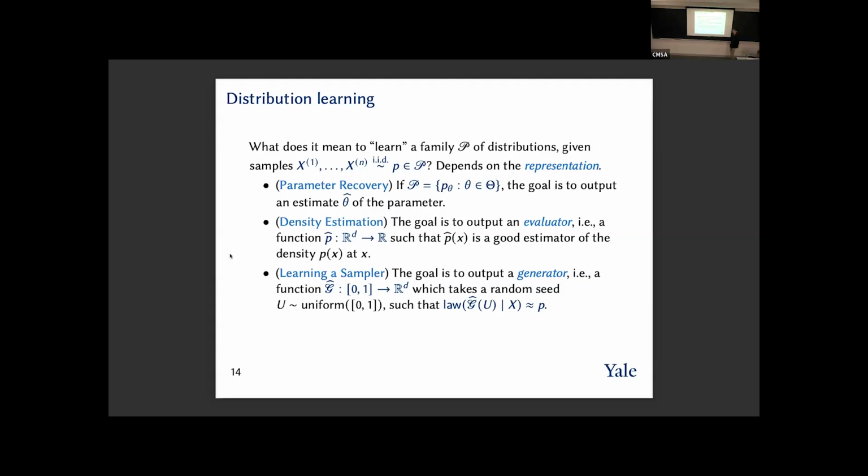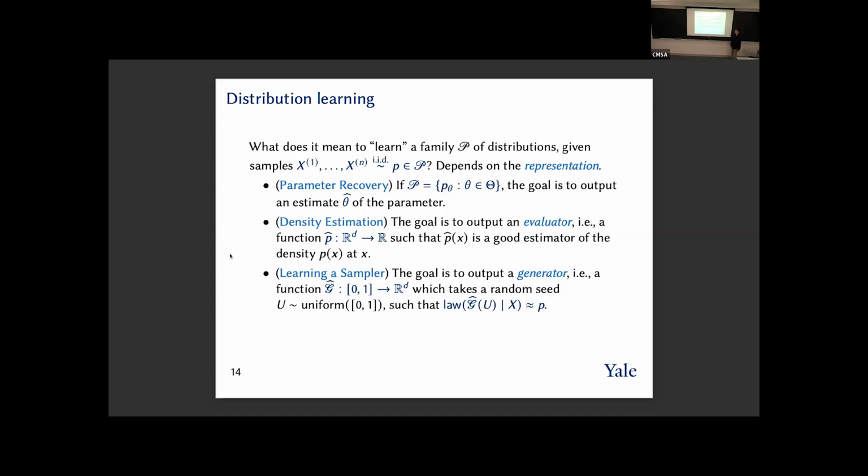And the final point I want to make is that although density estimation is a more classical problem, I would argue that this last problem of learning a sampler is more relevant for applications. Because, okay, you give me a density estimator in high dimensions, what am I supposed to do with it? Can I use this to generate a confidence region? Can I use this to estimate expectations of test functions?